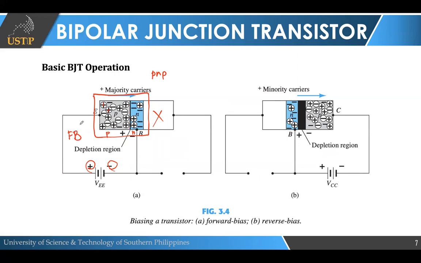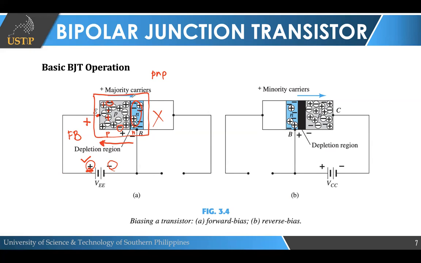Okay, what happens in forward bias? Since the positive terminal of your V bias is here, it repels the positive, and all the electrons will be attracted to this side, right? Because this is positive. So the electrons in your N, or in your P, have a tendency to go to the left.